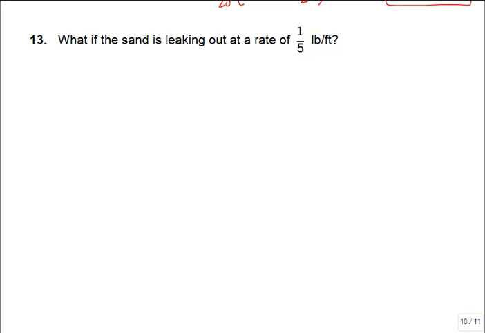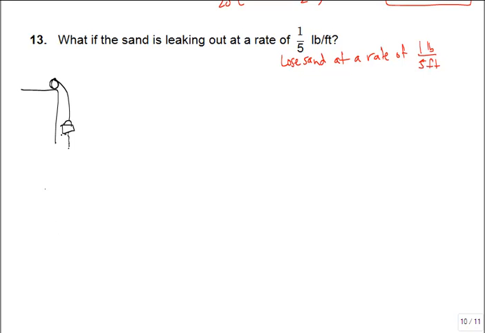So what that means is we're losing sand at a rate of 1 pound per 5 feet that we raise that sand up, and that's the same as raising up that chain as well, since the bucket and the sand is attached to the chain. So again, in my little diagram here, we have this chain hanging down, we've got our bucket, but there might be a hole in the bucket, so the sand is leaking out.